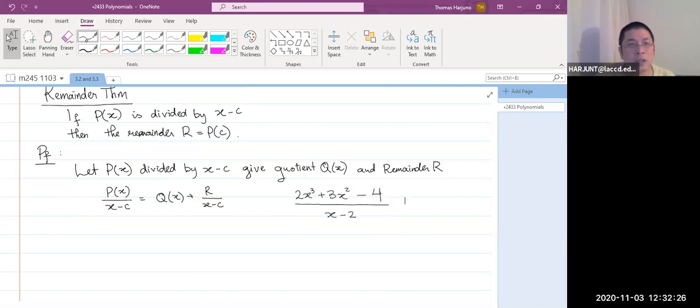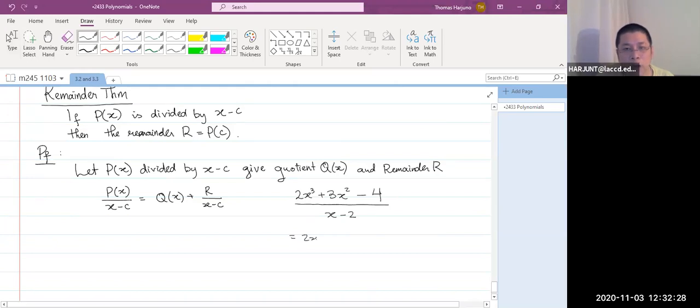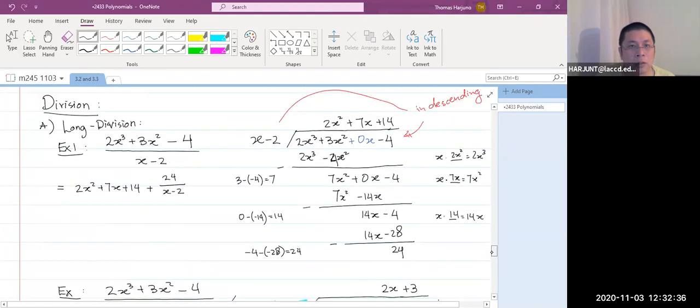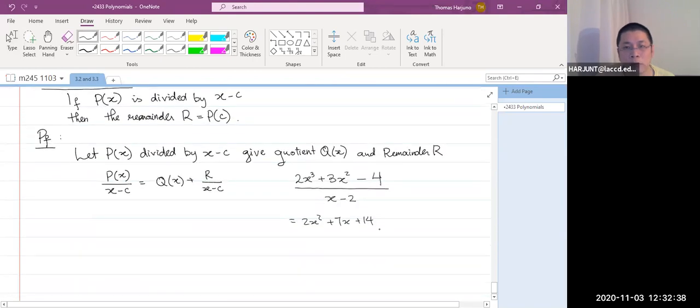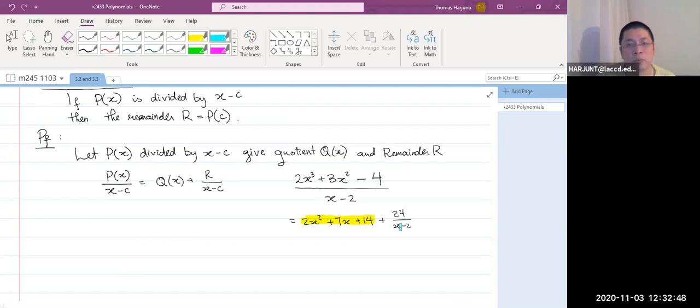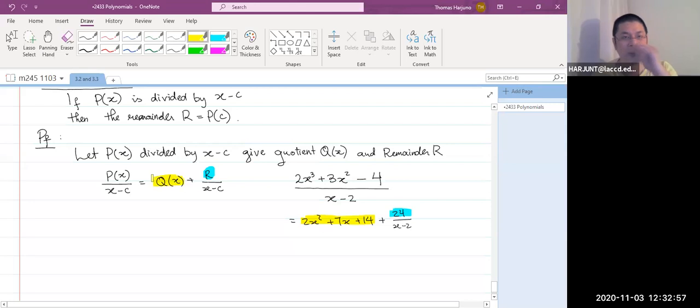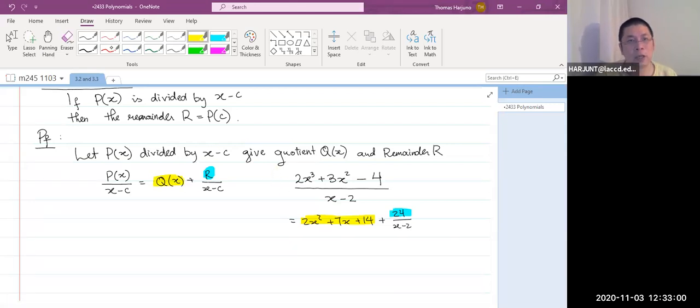And then we get this is equal to 2x squared plus 7x plus 14 plus 24 over x minus 2. So this is the q(x), the quotient. This is the remainder. The one on the right-hand side here is just an illustration.